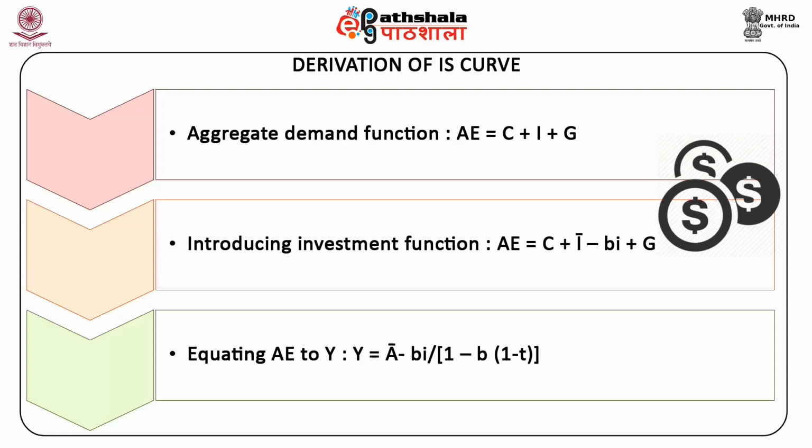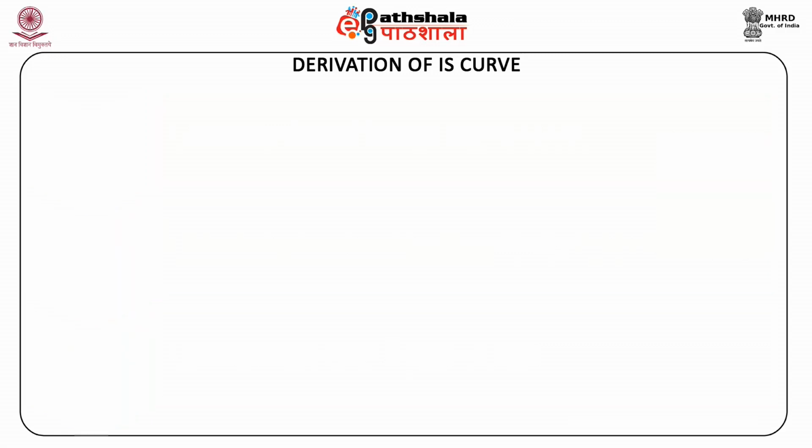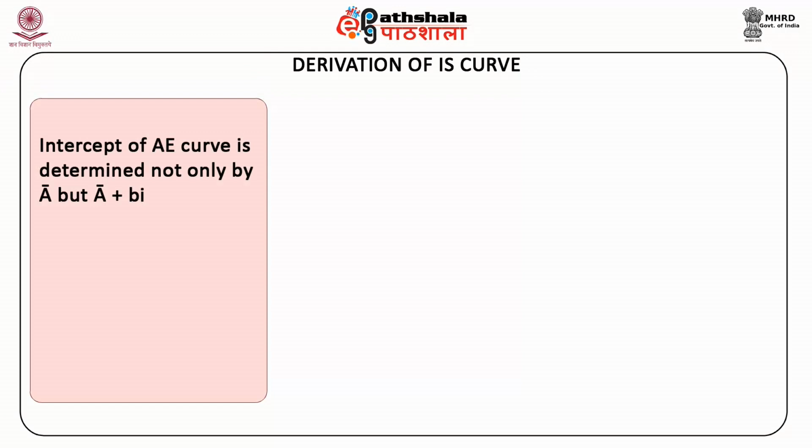A bar is the sum of autonomous components. Now the intercept of the AE curve is determined not only by A bar but by A bar minus bI. Thus, any change in interest rate will shift the AE curve through its effect on the level of investment.